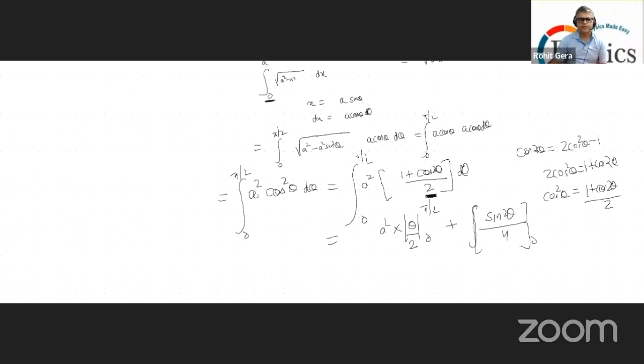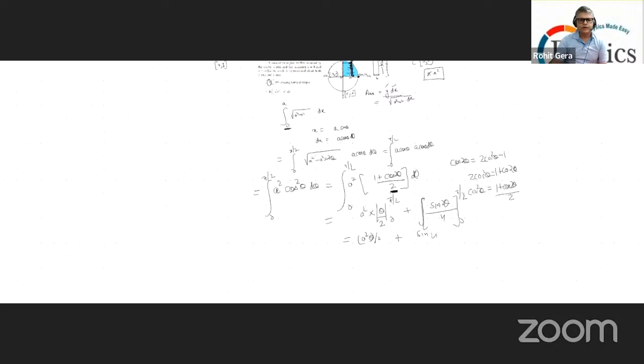From 0 to pi by 2, this is equal to a square by 2 times theta by 2, plus sine 2 theta by 4. Now let's put the value.